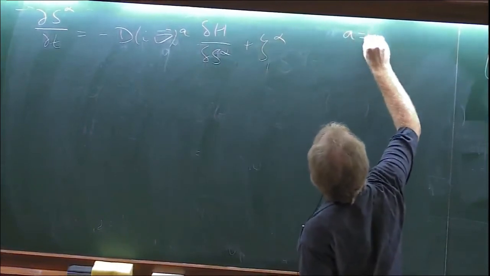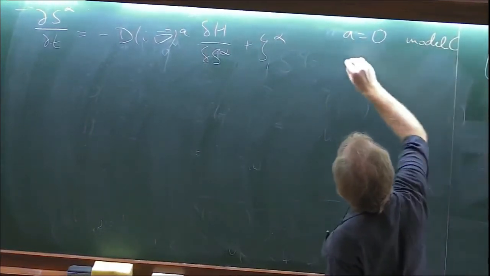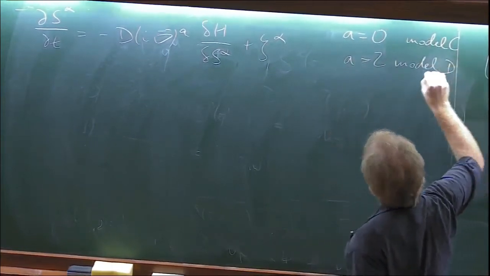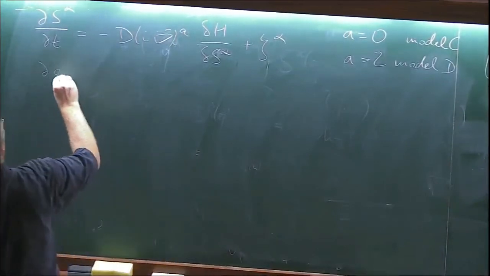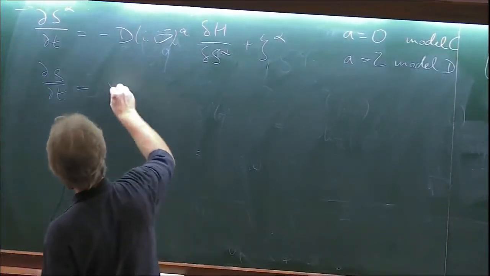where this is now called model C, non-conserved order parameter, and the conserved version is called model D. And then I need a d rho by dt, and I need some relaxation constant, call that lambda.